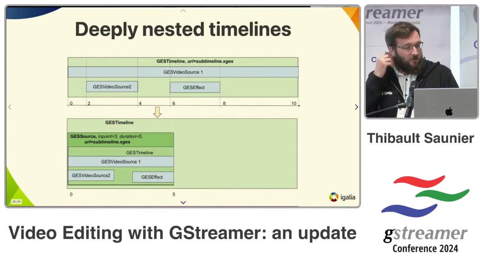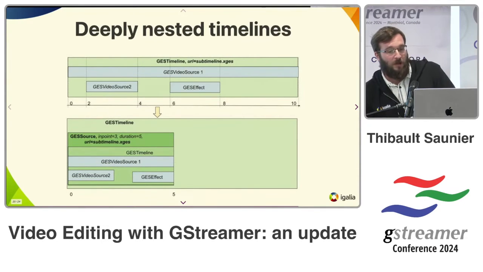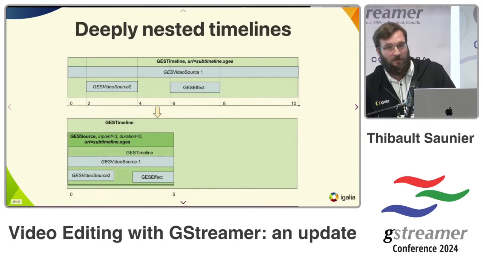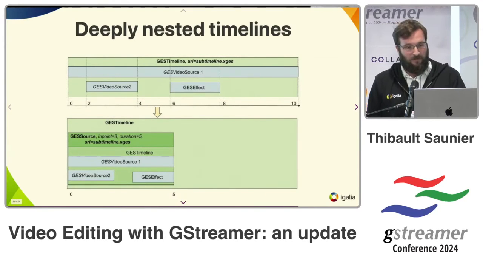And thanks to the design that we have with the UriDecodeBin pool source, we have been able to optimize that substantially. And in the end, we were able to cut the rendering time between last year and now by more than 100%. So now we can render everything in 5 to 10 seconds, whatever the size of your timeline is.